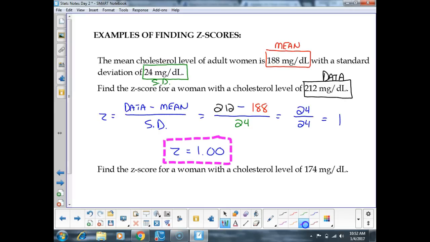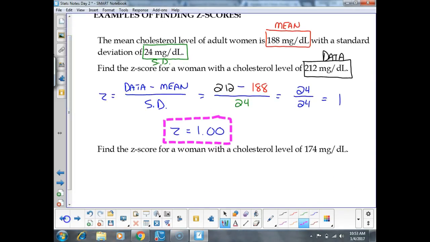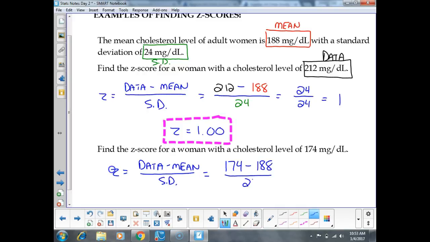Now calculate the z-score for a woman with a cholesterol level of 174. So my data point was 174 minus 188 over 24.